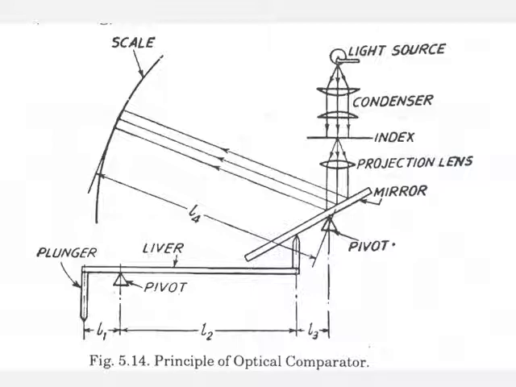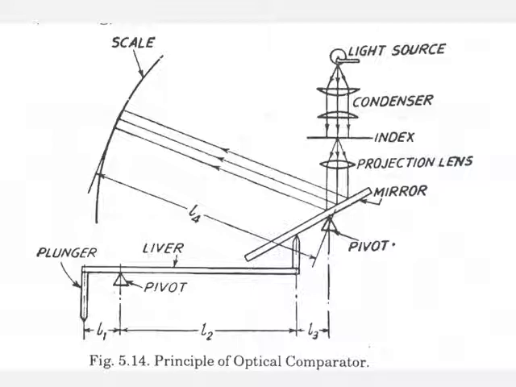The mirror is tilted with the help of a pivot which is supported by the other end of this lever. This is not a liver, it is a lever. This is the other tip of this lever which is connected.